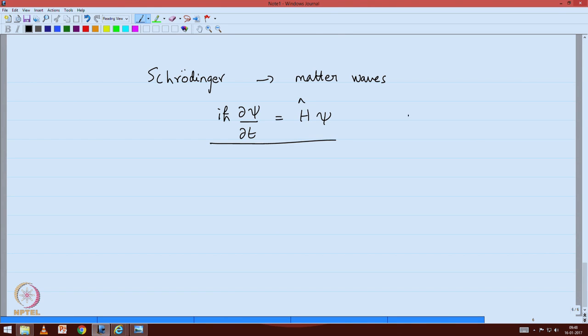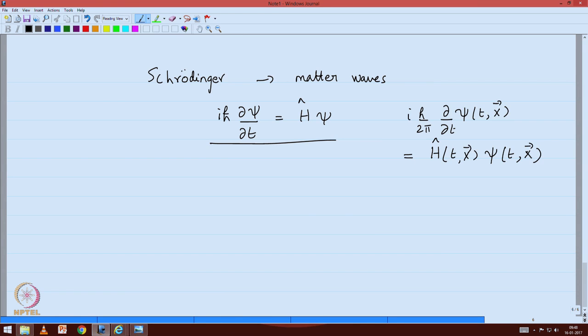It's i h by 2 pi, the partial time derivative of a wave function psi, which is a function of time and a set of all coordinates of the particle, and it's equal to this derivative multiplied by i h bar is equal to the action of the total energy of the system, which may depend on time and will of course also depend on the positions because of the potential energy and the kinetic energy and so on, and therefore you have its action on the wave function psi.